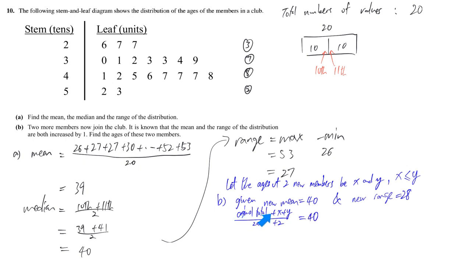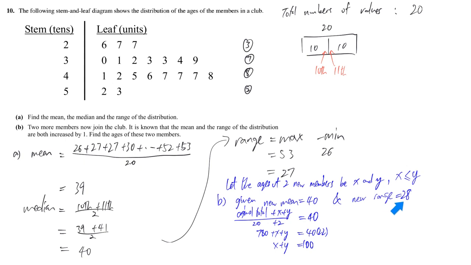For the original total, we can add all the values once again, or we can use 39 times the original number, 39 times 20. So we have 780 plus x plus y is equal to 40 times 22. Multiplying both sides by 22, it seems like we move 22 to the other side. And then we get the relation for x and y. Their sum is equal to 100.